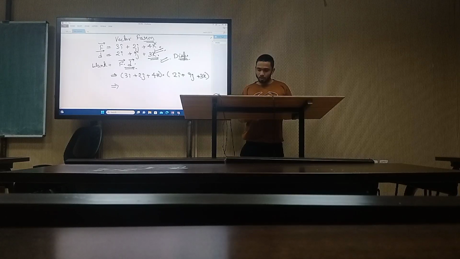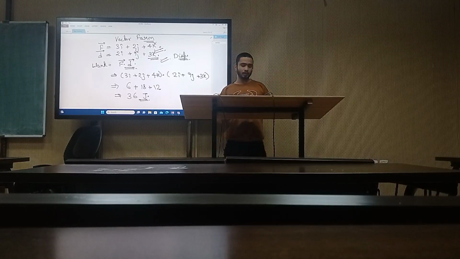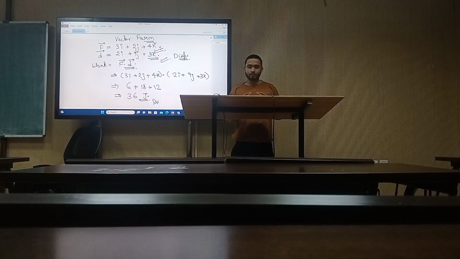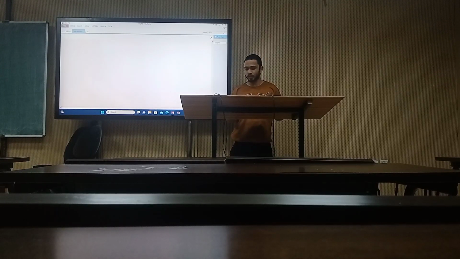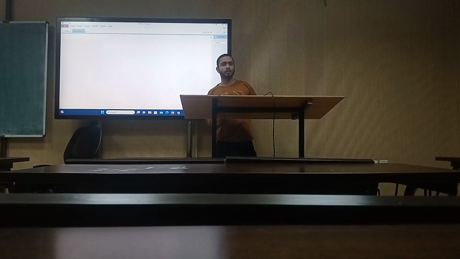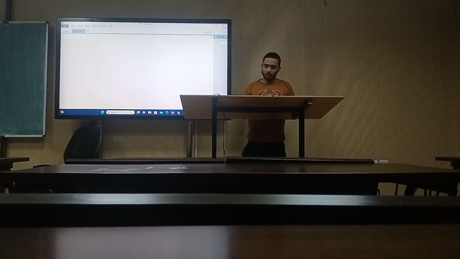So 3 into 2 is 6, plus 18, plus 12, so it will be 36 joules. This is how we find work if the force and displacement vectors are given in vector representation.